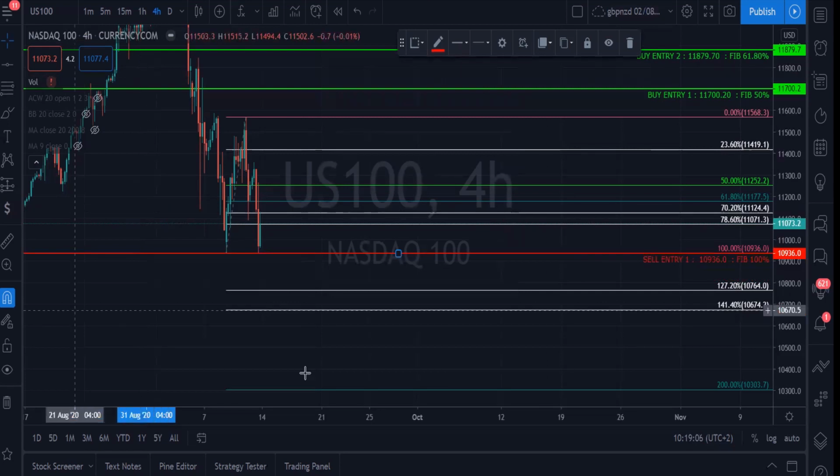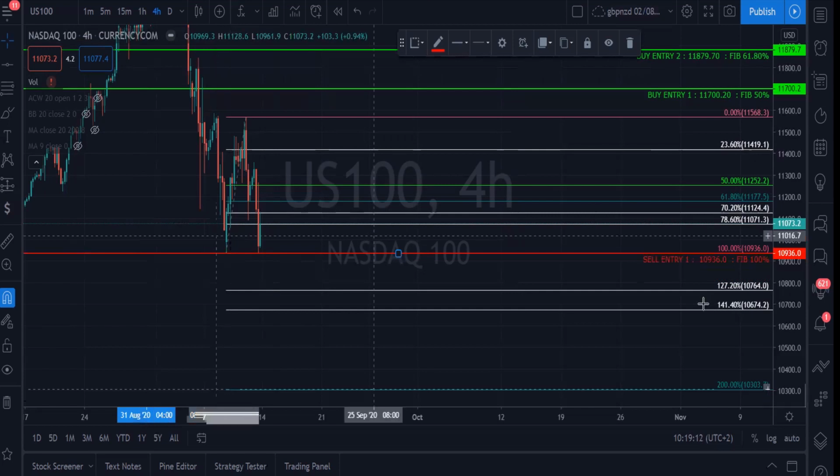Right, so what we're saying is that NAS currently is at 11,073. So for it to trigger your sell entry, which is at 10,936, and now it's at 11,073, NAS has got to drop about 100 pips or so, $100, so 137.